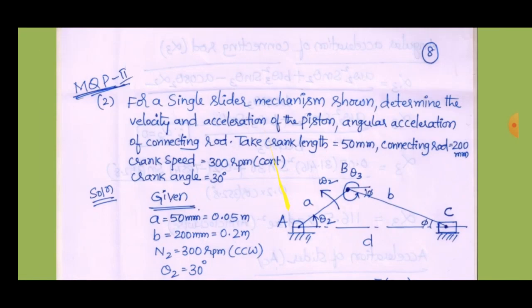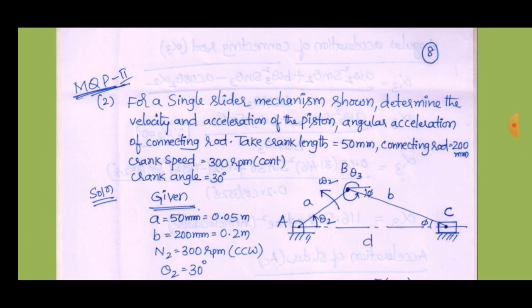Now, this is the problem which is given in the model question paper, the second one. In the last class we solved one problem which was given in the first model question paper. This is the second model question paper.